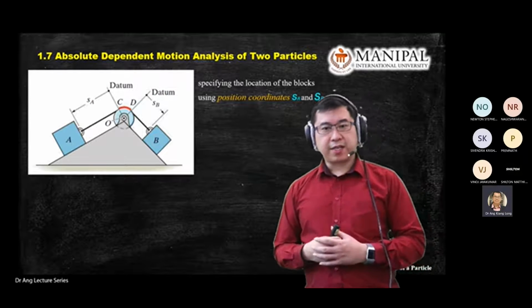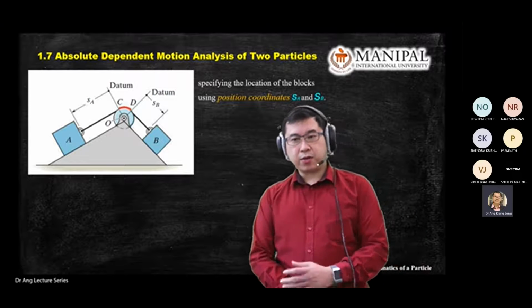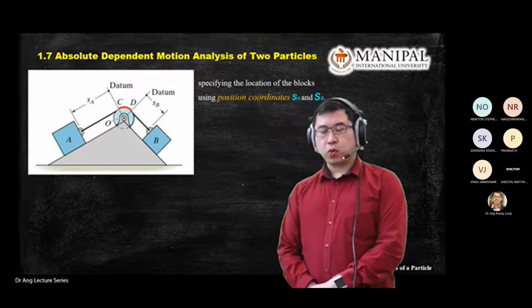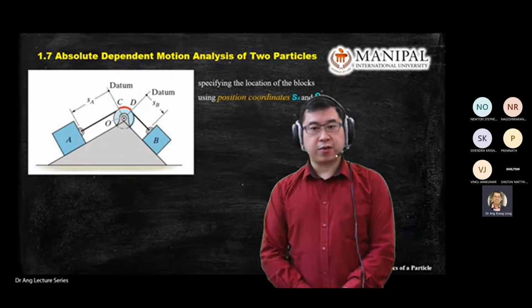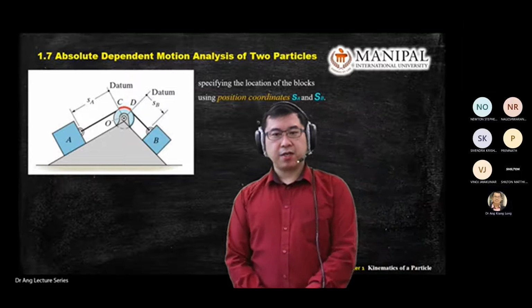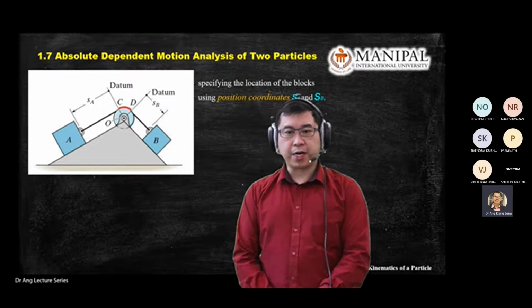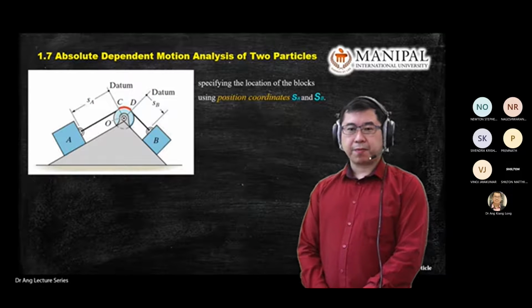I'll give you 10 or 20 seconds, just look at the diagram. Are you able to identify the coordinate system? Where is the origin? How do you calculate the position of that particular object?